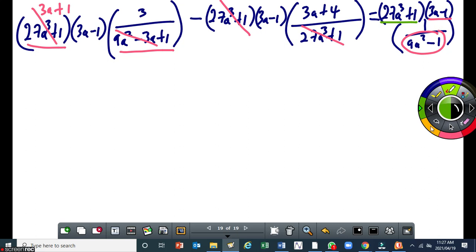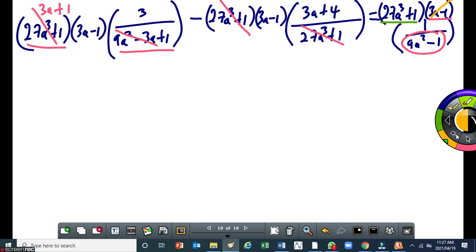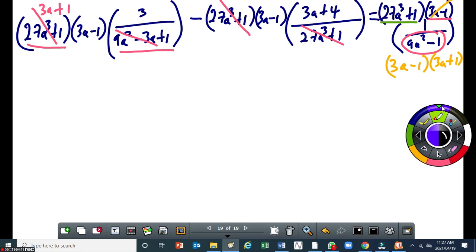So what's going to happen is that this 3a minus 1 cancels out with, just allow me to write the two factors of the difference of two squares in a different color, that is green. If I factorize the 9a squared minus 1, I'll get 3a minus 1 times 3a plus 1.